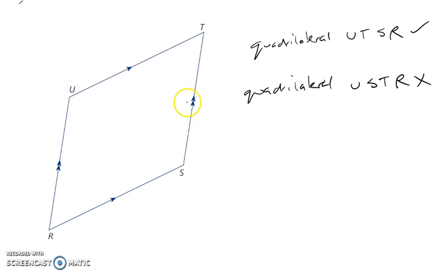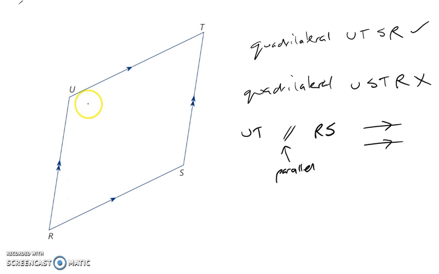We can see that they've got little arrows here on the line UT and the line RS. There's one little dash or arrow. That means that UT is parallel to the line RS. That's the notation you use.